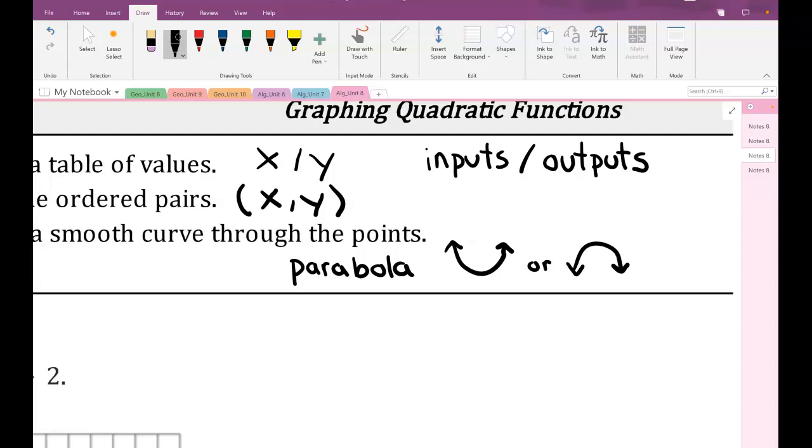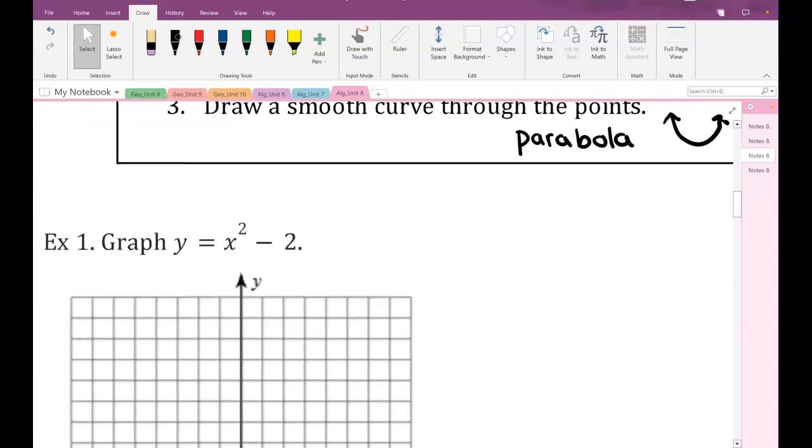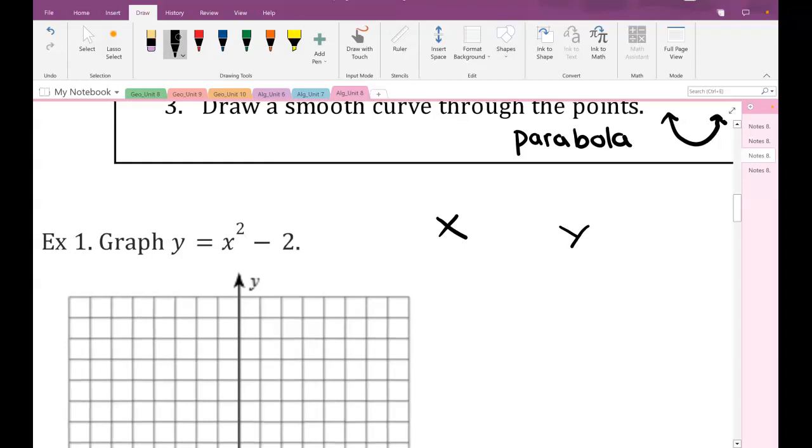on Friday. We're going to start by making our table, X and Y. And we're going to keep using these same points until I tell you otherwise. We're using -2, -1, 0, 1, and 2.